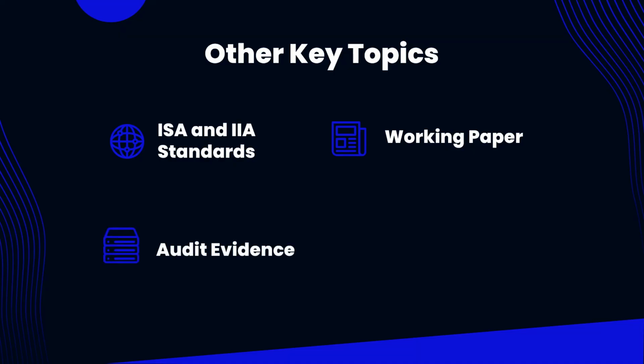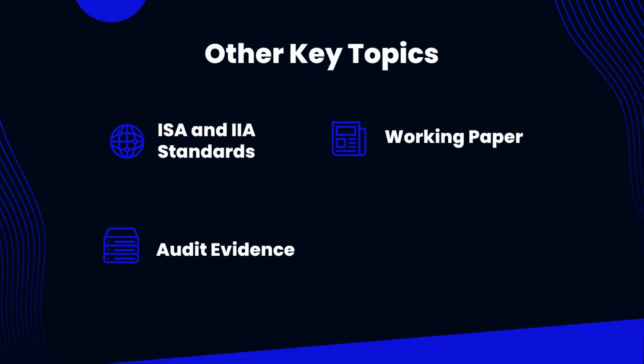Next one, audit evidence. Okay, this is what we have talked about before when we were mentioning the audit procedures. So if you're performing the audit procedure, you're actually gathering sufficient and reliable audit evidence. So audit evidence is information that auditors use to support their audit opinion.